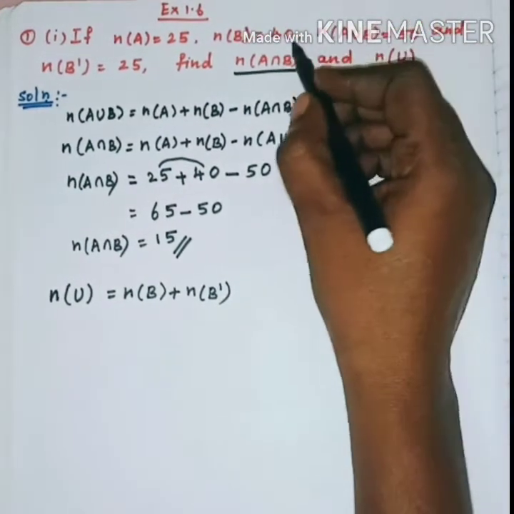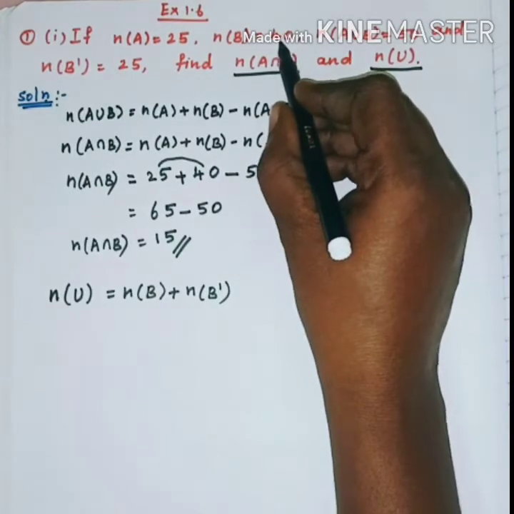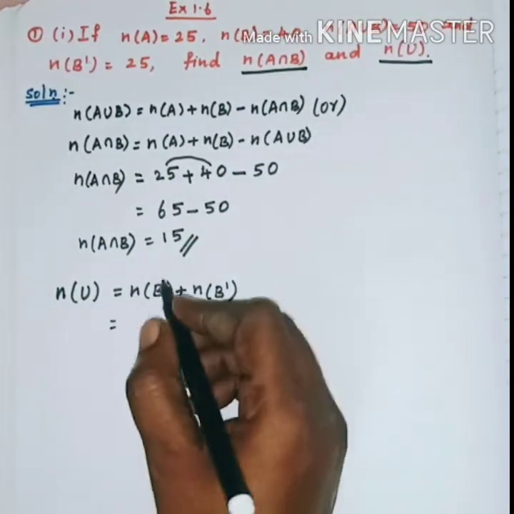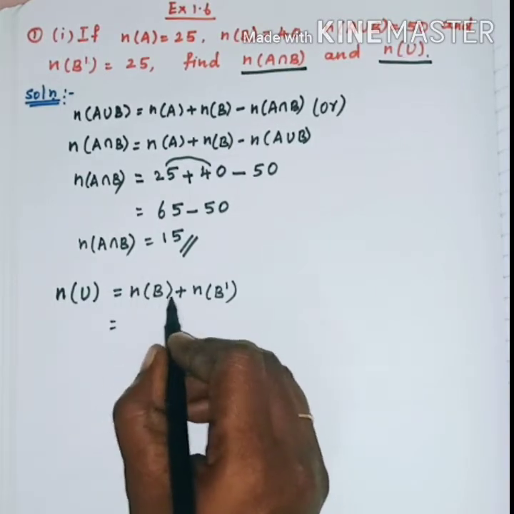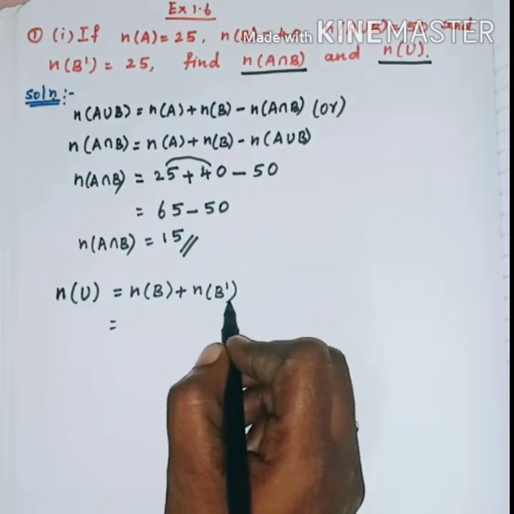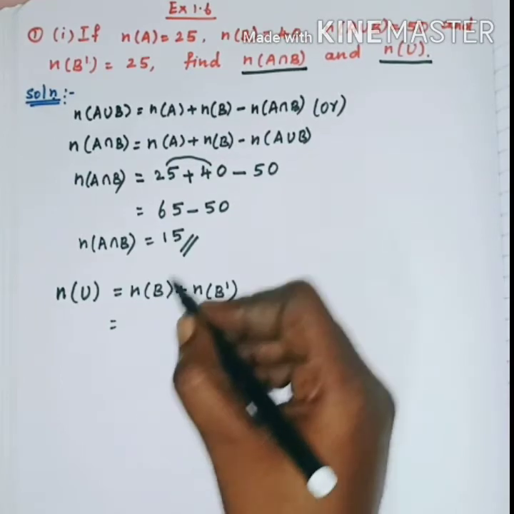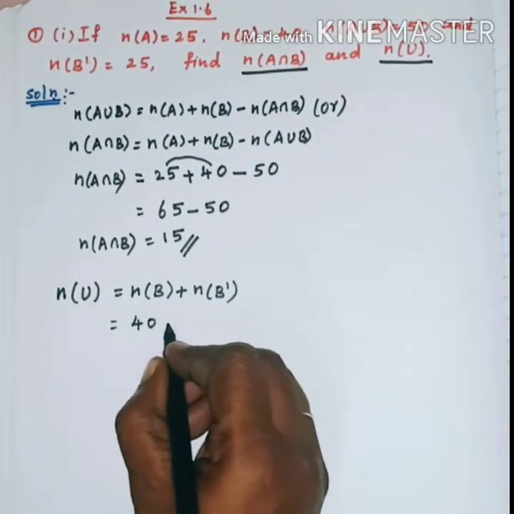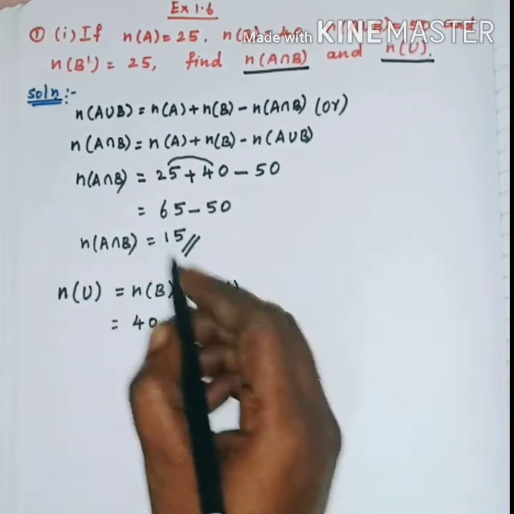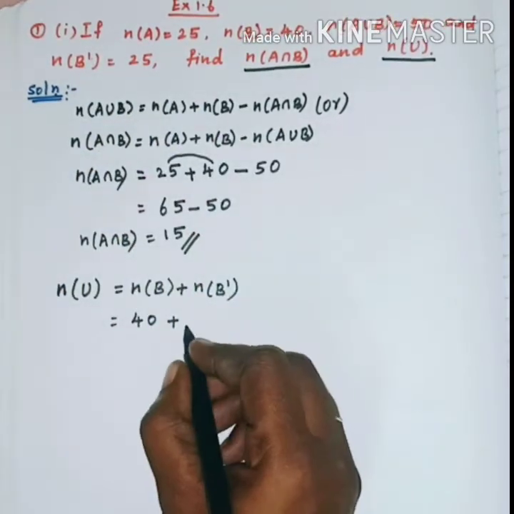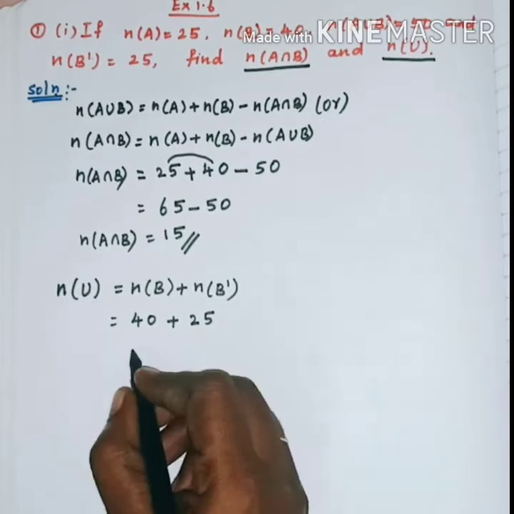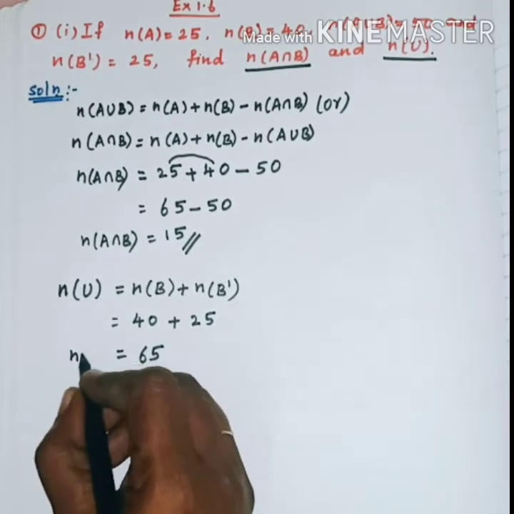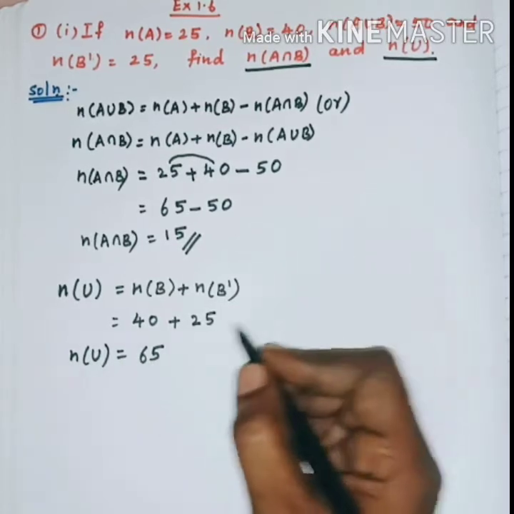Because in this sum they have given n of B as well as n of B dash. Okay, so we will use n of U is equal to n of B plus n of B dash in this result. So n of B, what is the value for n of B? N of B they have given 40, and n of B dash is 25 given in the sum. So 40 plus 25 is 65. This is your value for the n of U.